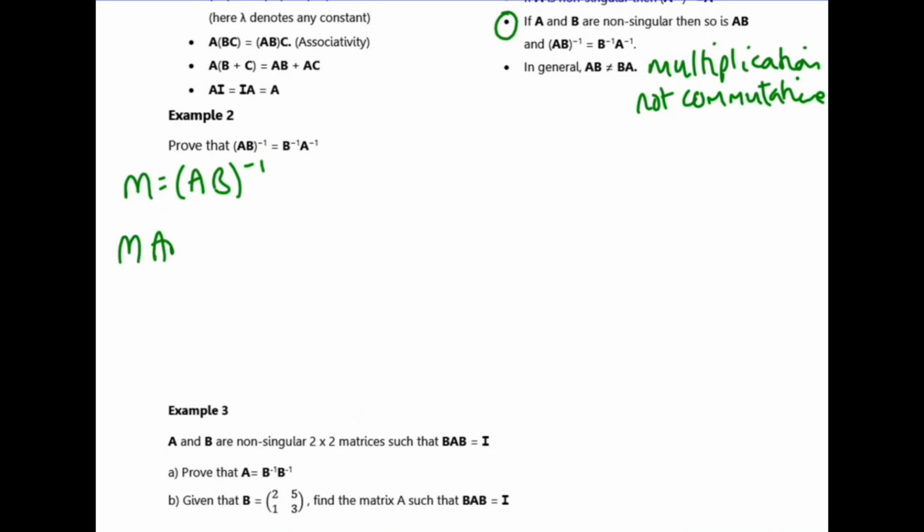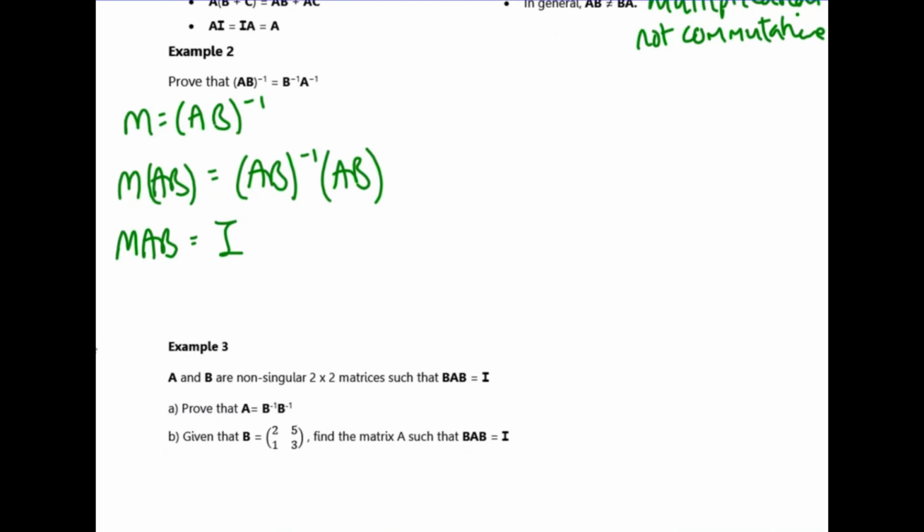So I've got M times AB, and I've got (AB) minus 1 times AB. So I have to put AB on the right of both of those sides. So I've got MAB on the left currently, I've got rid of those brackets. And (AB) inverse times AB, well, if you times an inverse by itself, it will cancel out and just give you the identity matrix.